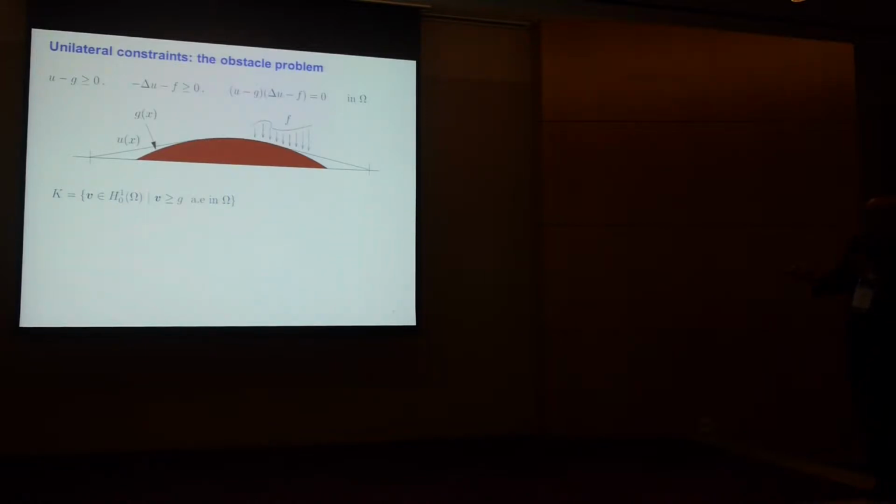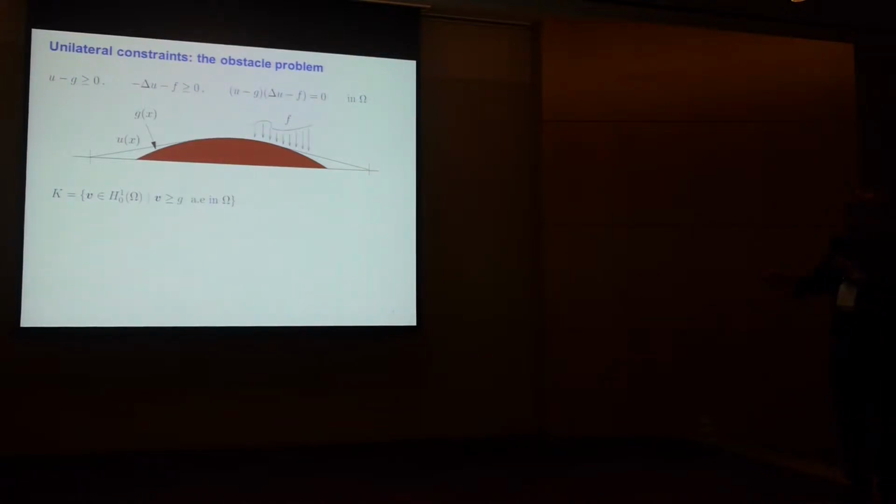And what that is saying is that the net force must be non-negative. In other words, either it will be equal to 0 here, where I have contact, or otherwise it must be positive. But I have to have the condition that one or the other of these two is 0.